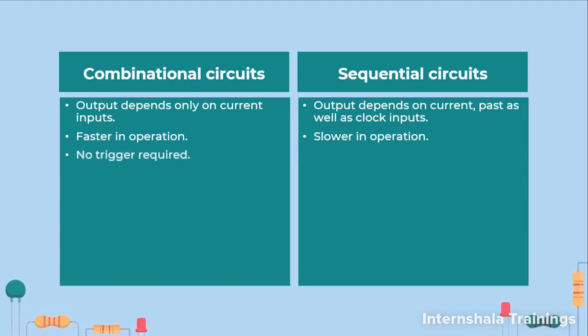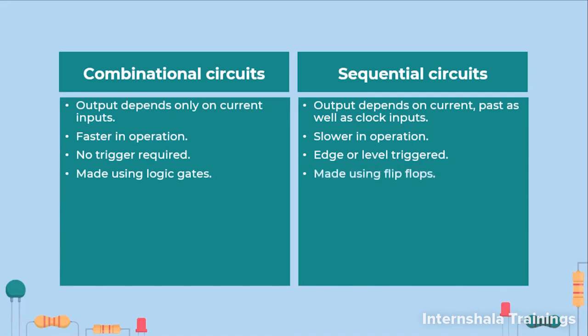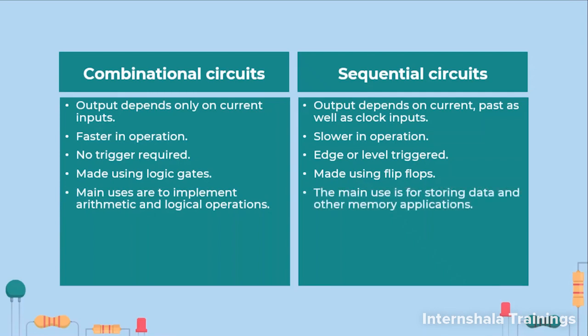In combinational circuits, we don't need any triggering circuit or triggering signal, whereas we need an edge or level triggered signal in terms of a clock for sequential circuits. Combinational circuits are purely made of logic gates, whereas in sequential circuits we need flip-flops. Combinational circuits are mainly used for arithmetic and logical operations. Sequential circuits are mainly used for storing data and other memory related applications.